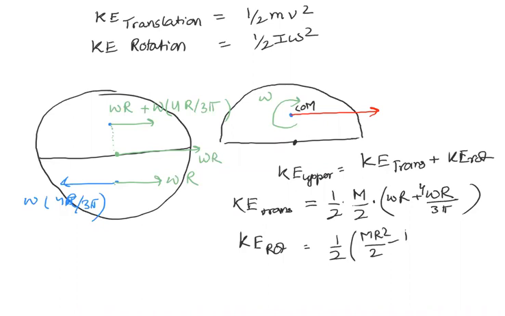So this will be minus m into 4r by 3 pi whole square.